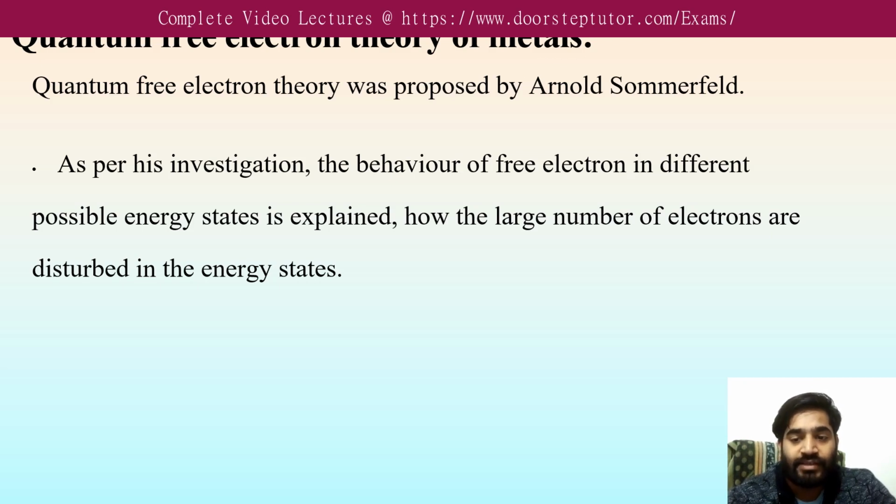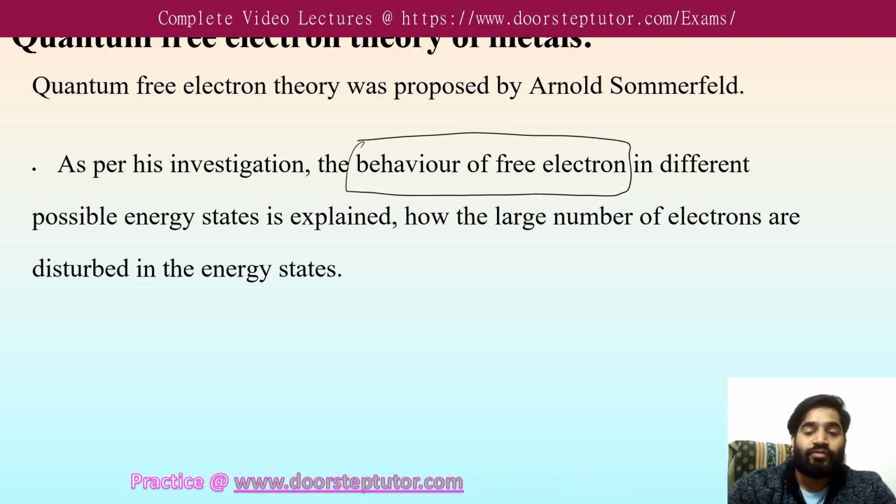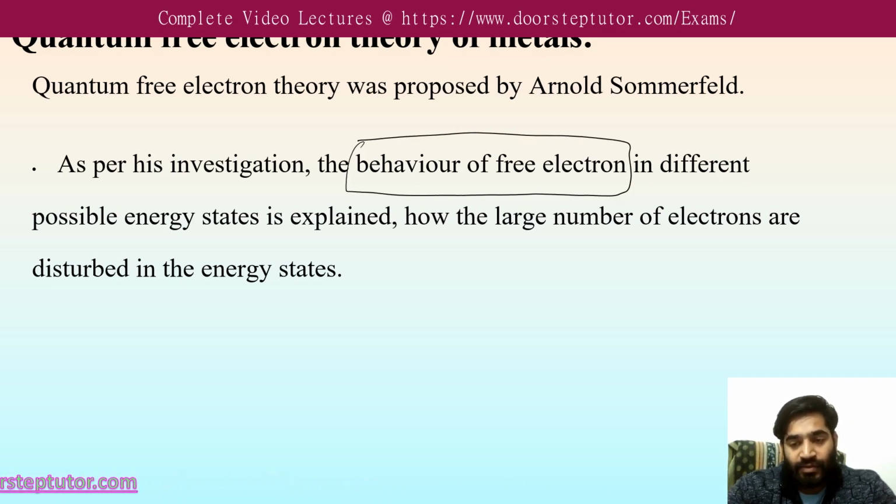The key features of the Sommerfeld theory explain the behavior of electrons: the Fermi-Dirac statistics, energy quantization, and the wave nature of electrons. So it explains the different possible energies.